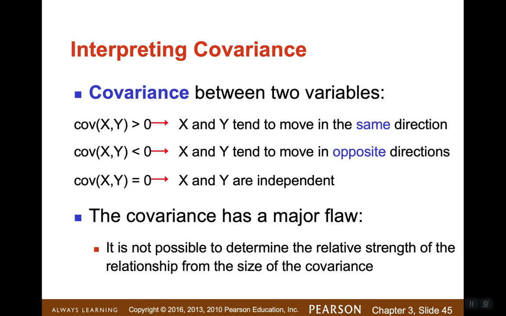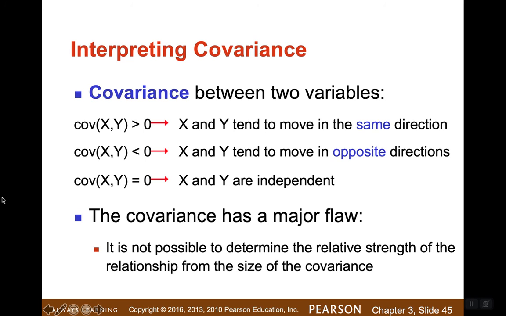So let's interpret our covariance. If the covariance we calculate is greater than 0, it means x and y are moving in the same direction. If the covariance is less than 0, then they move in opposite directions.